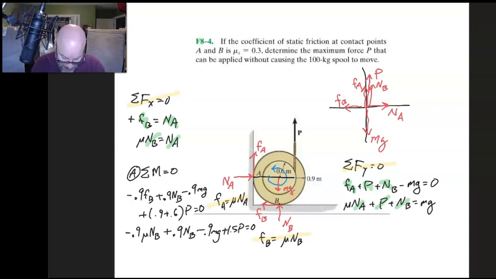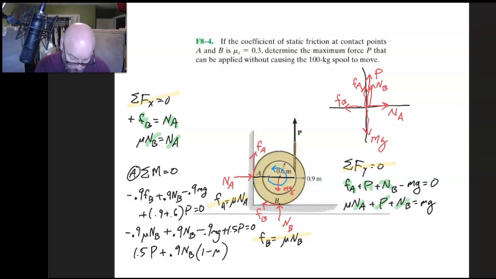Let me simplify it a little bit. We're going to have 1.5 P, and I've got my 0.9 in common, so plus 0.9 NB, and then we've got 1 minus mu.